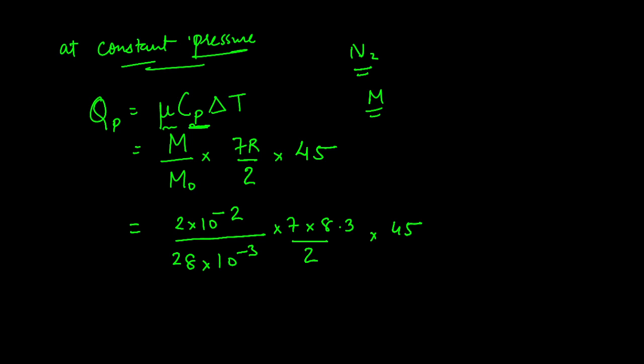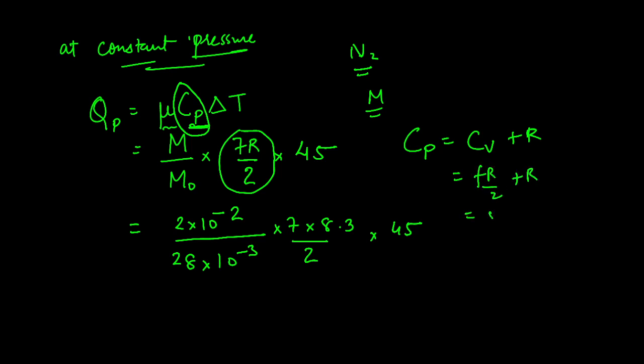Why non-ideal? Why? Cv is not asked, Cp is. You people are still playing around with Cv. Cp, look at this. So here 7R/2 only will come. Cp equal to Cv plus R. Cv is fR/2 and f is 5. Okay, I hope it is clear now.